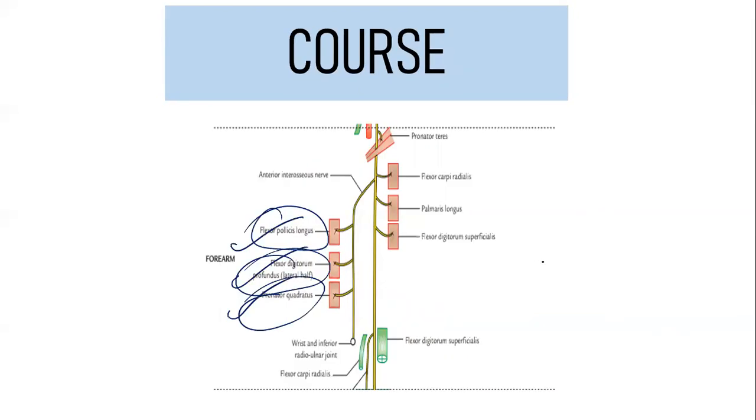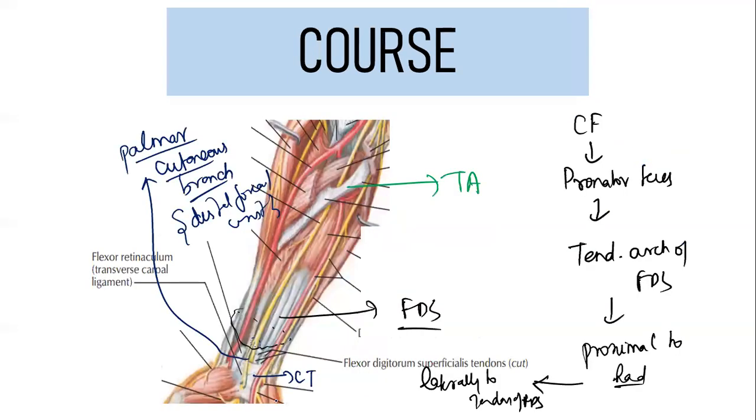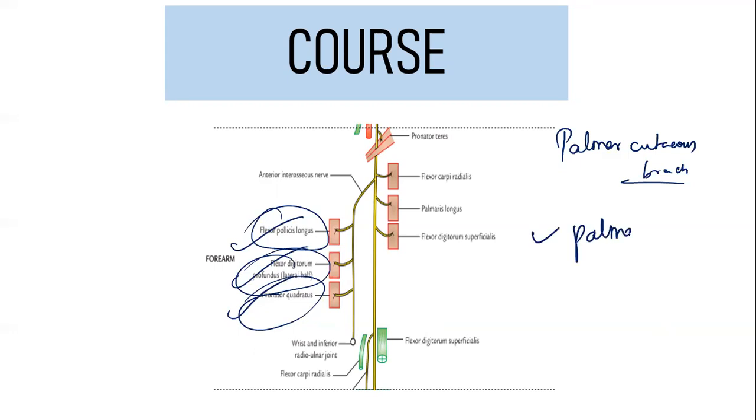So we will just talk about the palmar cutaneous branch first. What happens to the palmar cutaneous branch? The palmar cutaneous branch goes superficially to the carpal tunnel to supply the palmar aspect of the lateral 3.5 digits.